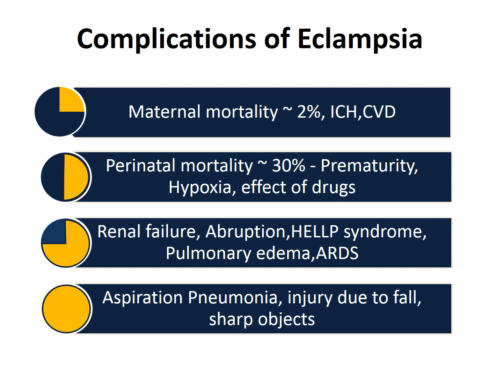She can also develop renal failure, abruption, HELLP syndrome, pulmonary edema, adult respiratory distress syndrome. There can be complications like aspiration pneumonia, and injury due to fall from the bed, or falling on a sharp object.